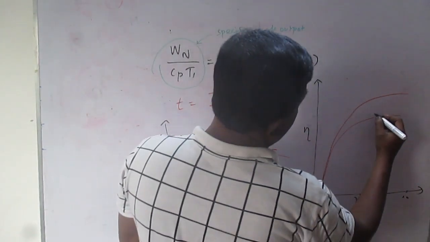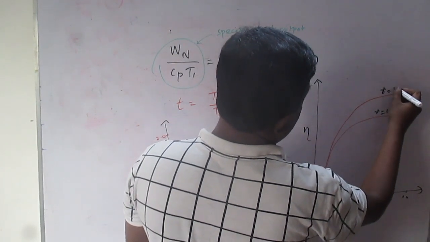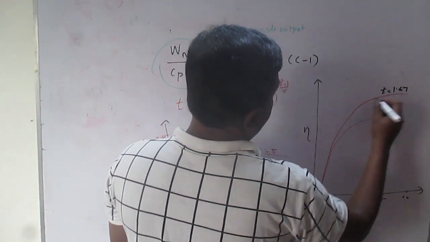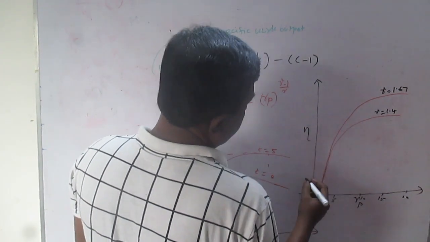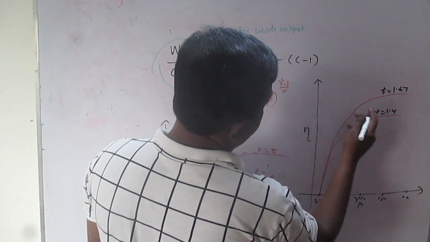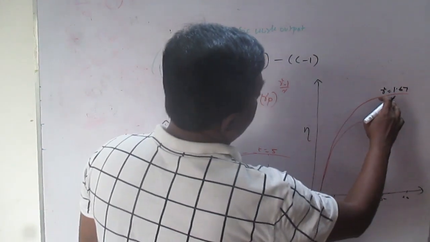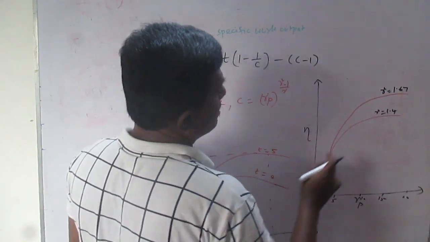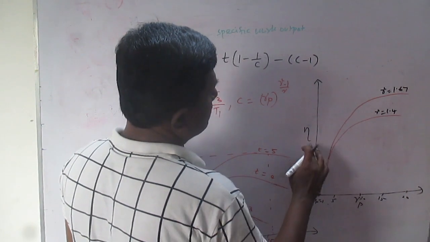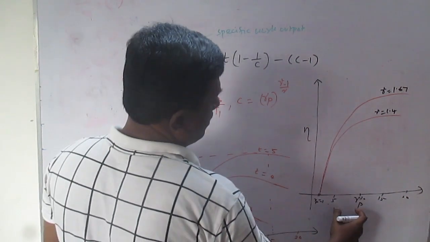That means your efficiency is higher for monoatomic gases. So for monoatomic gases, when gamma equal to 1.67, your efficiency is higher than for gamma equal to 1.4. That is what we understand here.